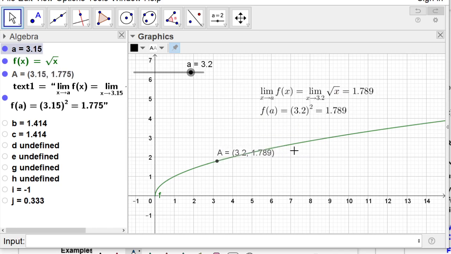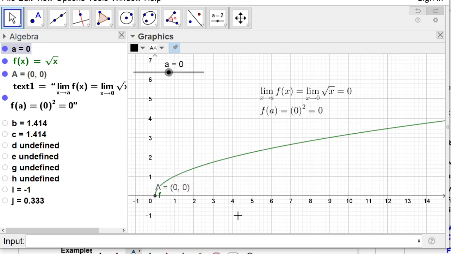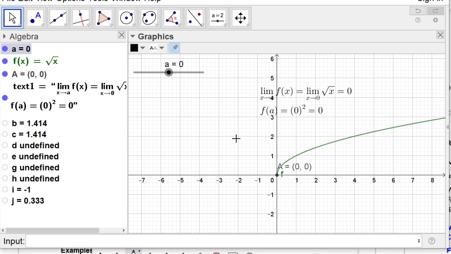Now, what about the starting point? Because of course, you should be thinking to yourself, well, what about right at 0? Now, at 0, the limit exists and the value exists. And you might say, wait a minute, how can the limit exist? Because there's no left-hand limit. There's a right-hand limit. I can come at it from the right, but how am I going to come at it from the left?